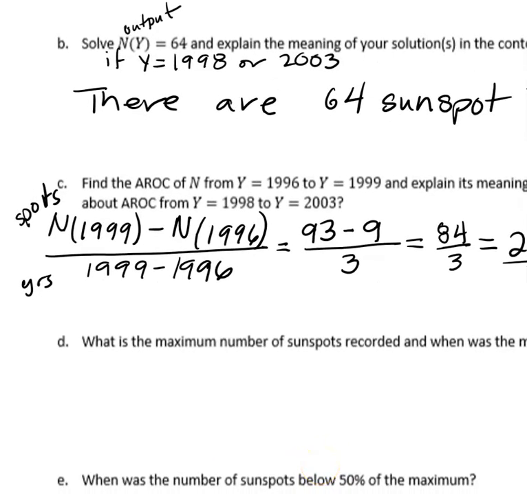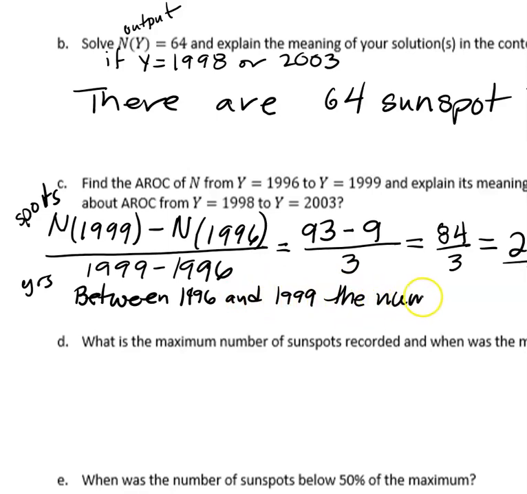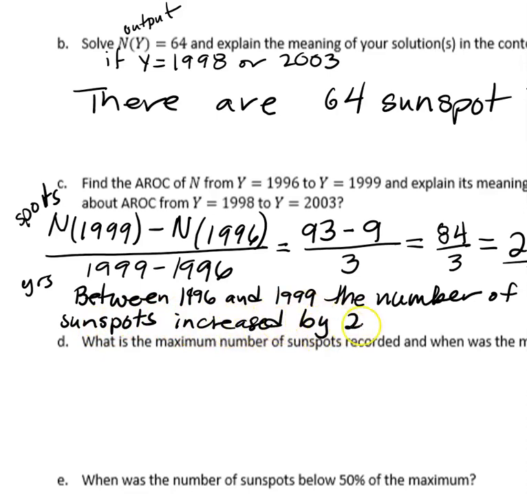So we'll say between 1996 and 1999, the number of sunspots increased, since it's positive, by 28 per year on average.